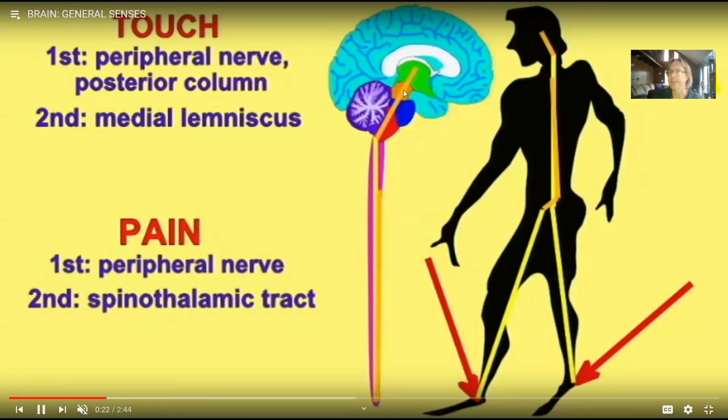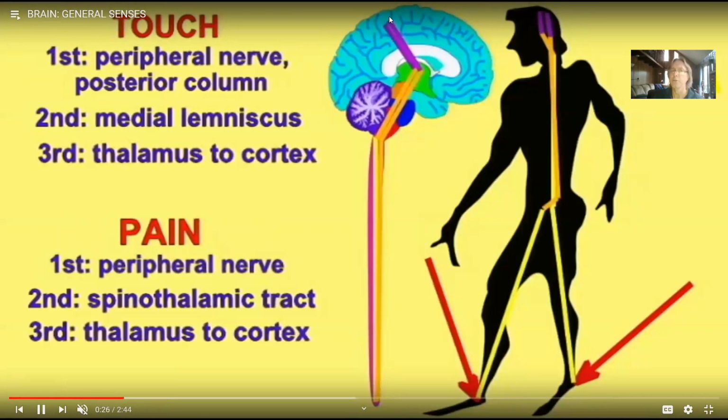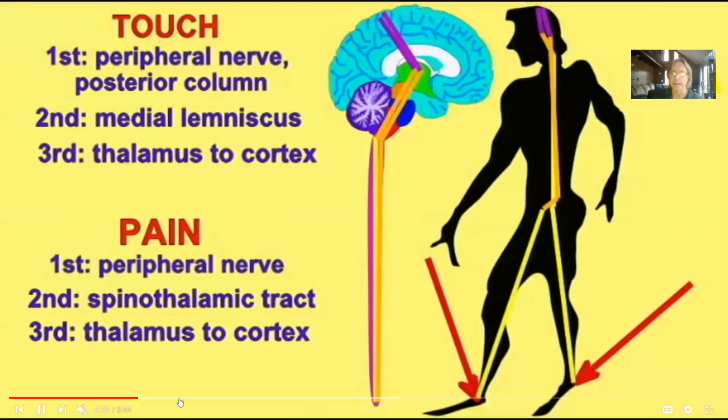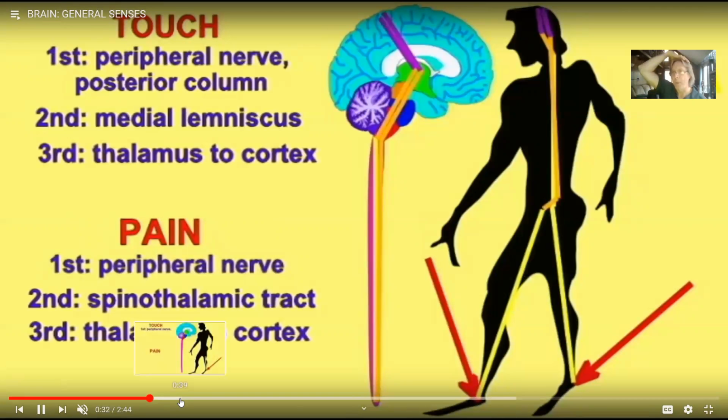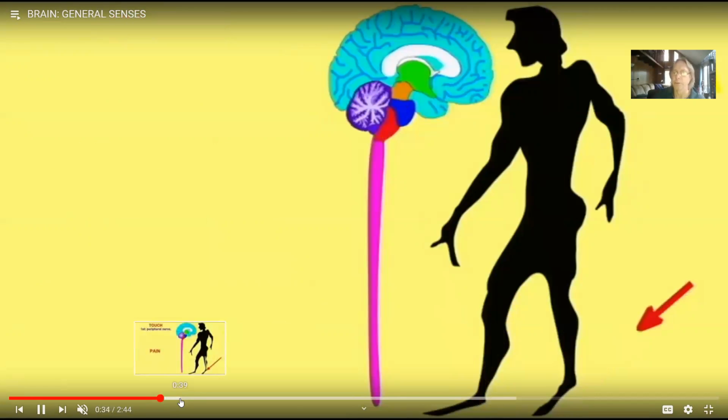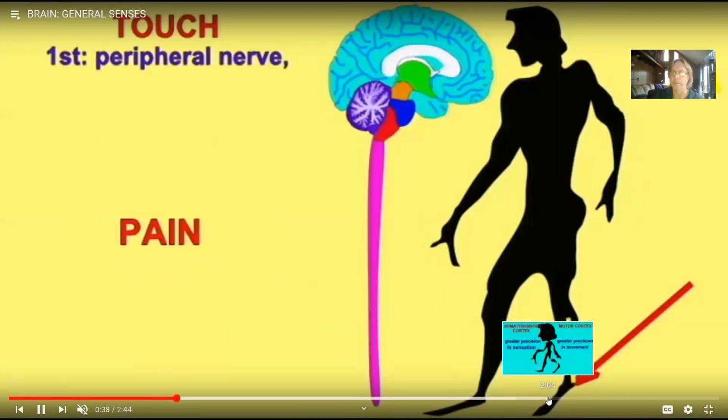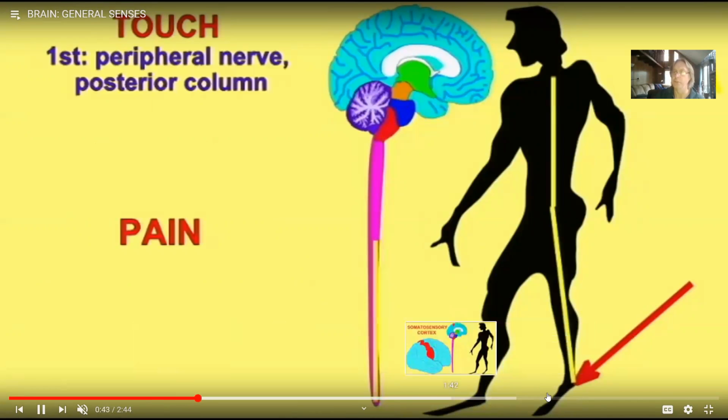The general senses ultimately project to the thalamus, and the thalamus then projects to the somatosensory cortex of the cerebrum. This was that post-central gyrus. So if you remember, there's a central sulcus in the middle of the cerebrum, and then there is a fold, a gyrus on one side of it.